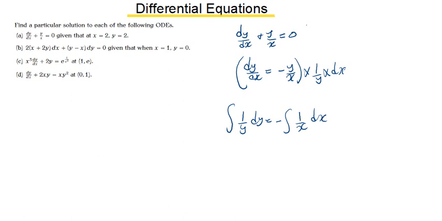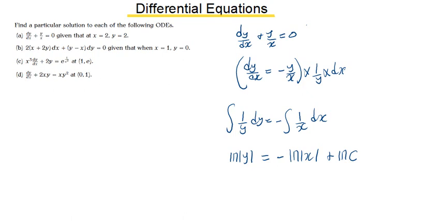Now we can go ahead and integrate this. This simply gives us ln of y equals minus ln of x plus a constant, but I'm going to present that constant as ln of c. There is no harm in presenting that constant as c; c and ln of c are simply one and the same thing.